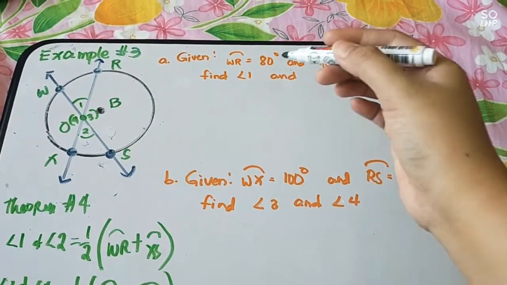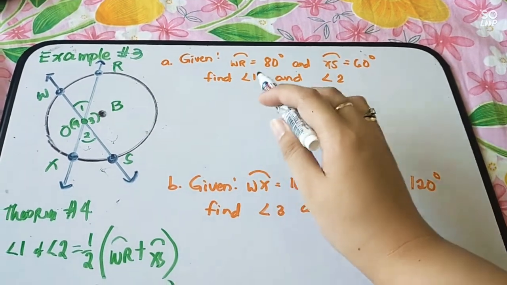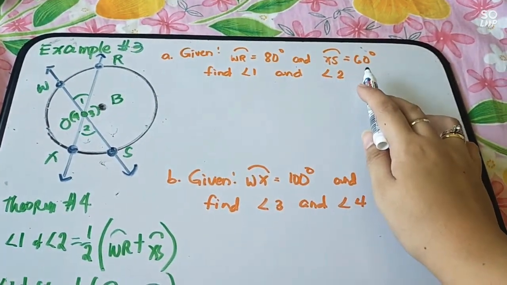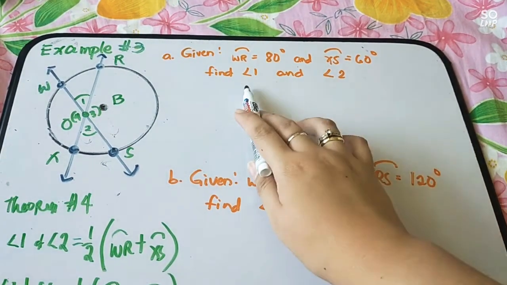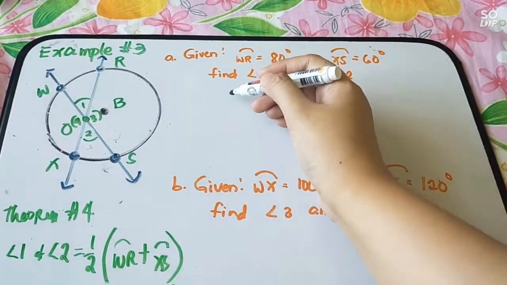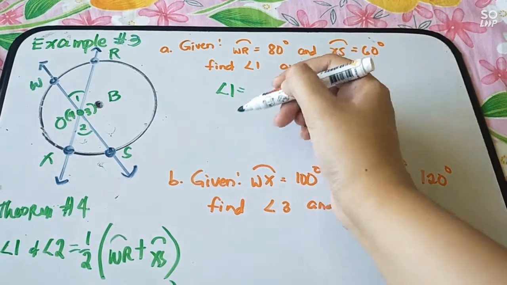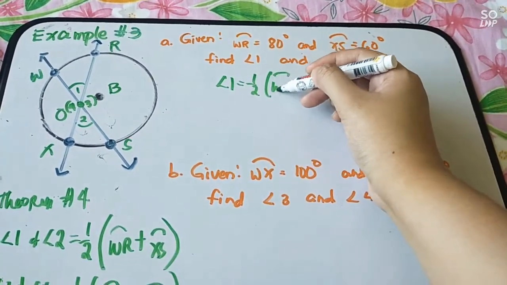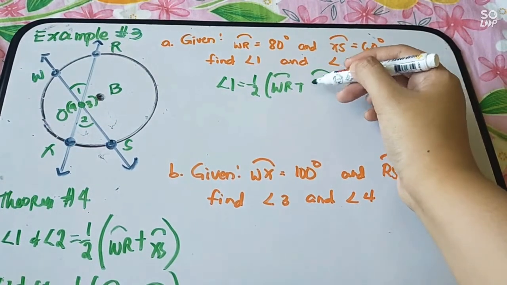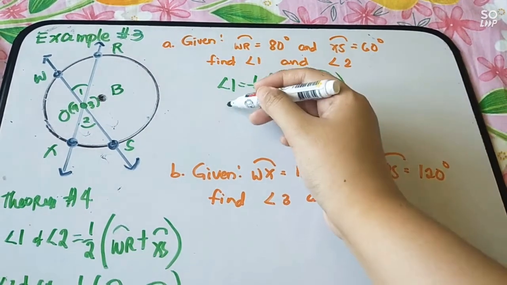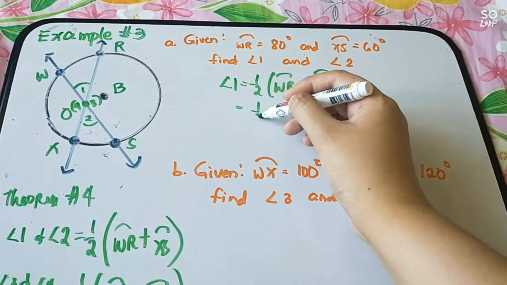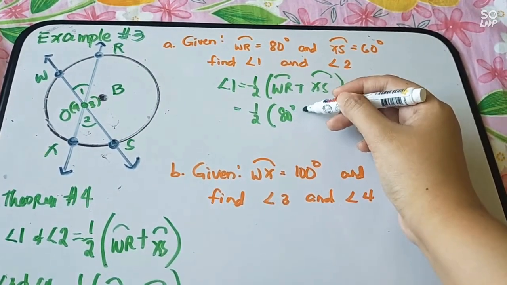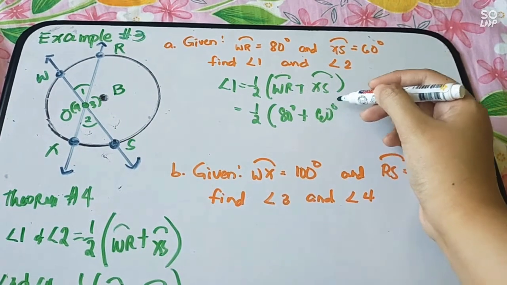So, we have here si WR daw po ay 80 degrees and si XS ay 60 degrees. We are going to find for angle 1 and angle 2. So, angle 1 is equal to 1/2 of arc WR plus arc XS. So, substitute lang po natin. We have 1/2 multiplied by WR is 80 plus 60 degrees.